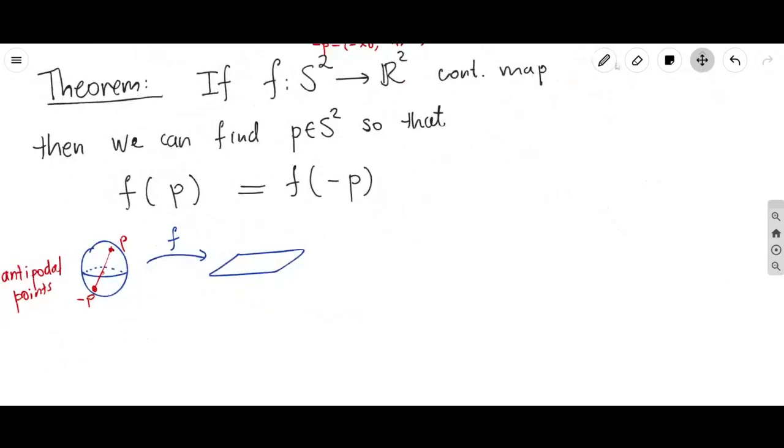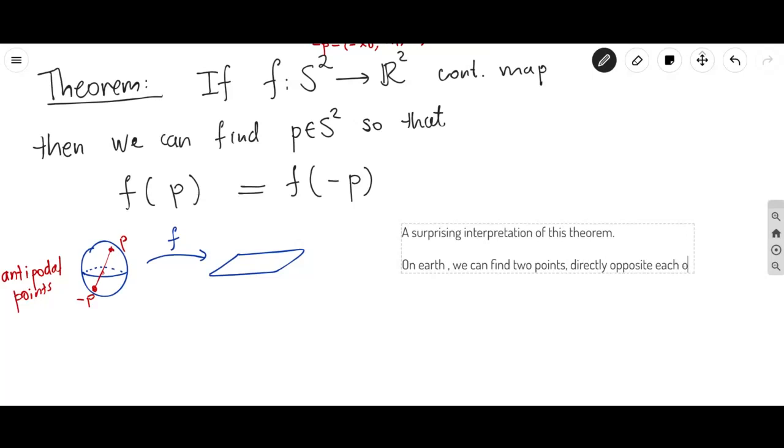And here's an interesting, surprising interpretation of this theorem. It would say this. On Earth, which is a two-dimensional sphere, we can find 2 points directly opposite each other, extremely opposite across the world, which have the same temperature and humidity.